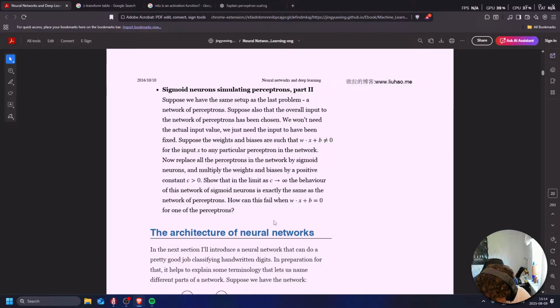Neurons is exactly the same as the network of perceptrons. How can this fail?